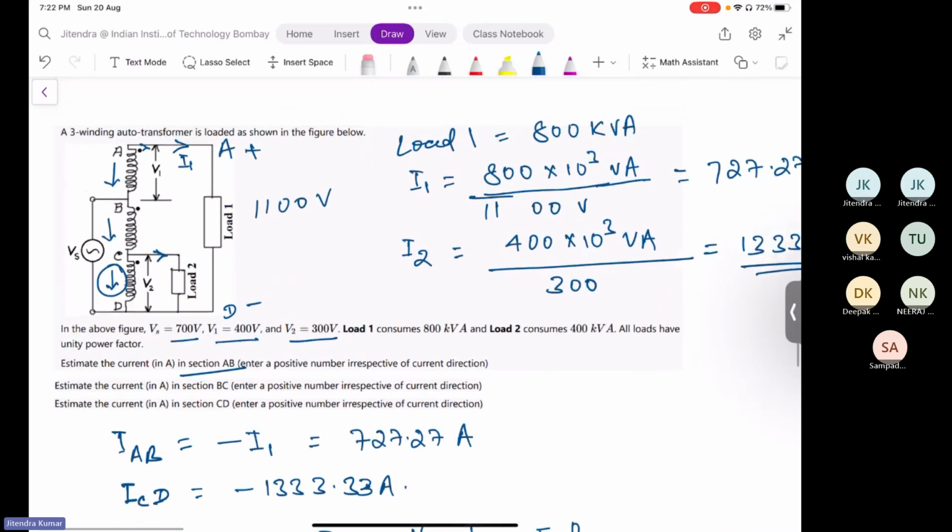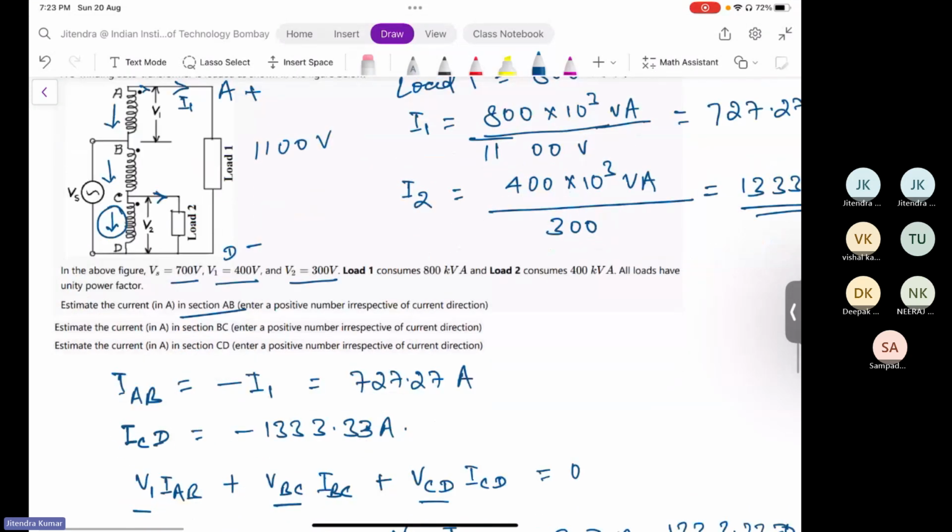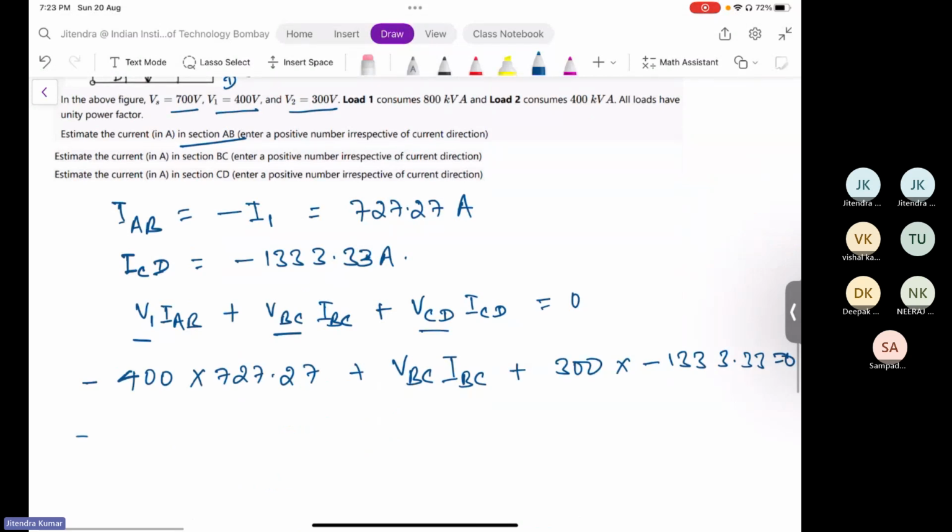And VBC could also be evaluated. So first let me write VBC into IBC is equal to 300 into 1333.33 plus 400 into 727.27. So that is 290,908.